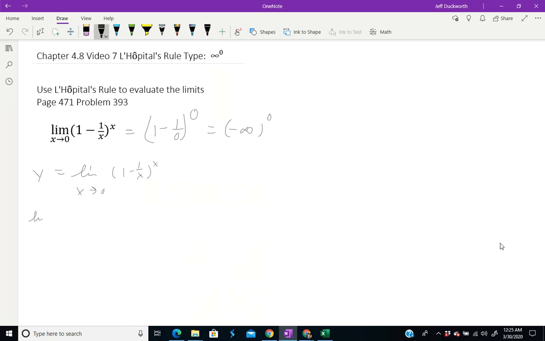Take the natural log of each side. Because it's a natural log, I can bring the x down, the exponent.